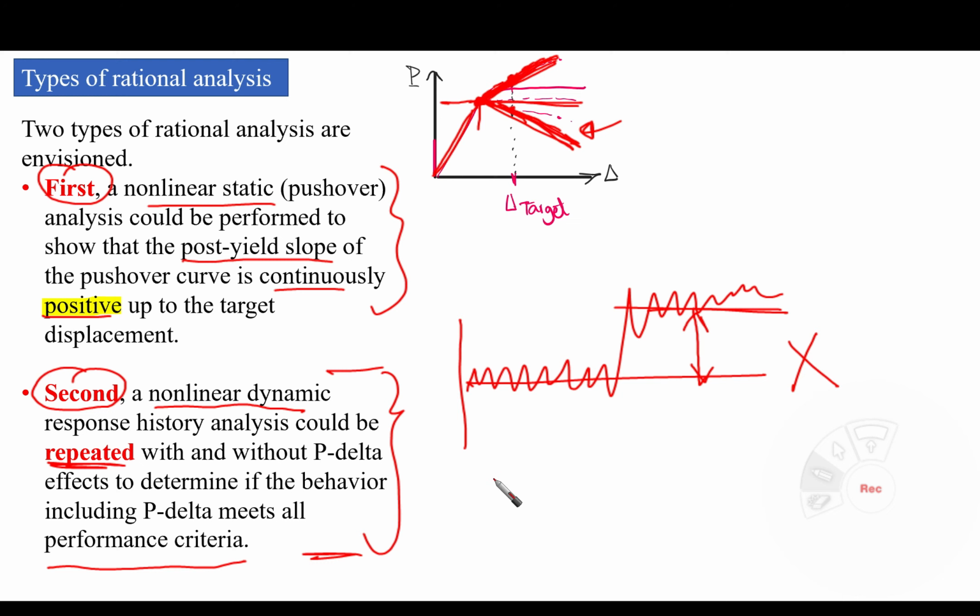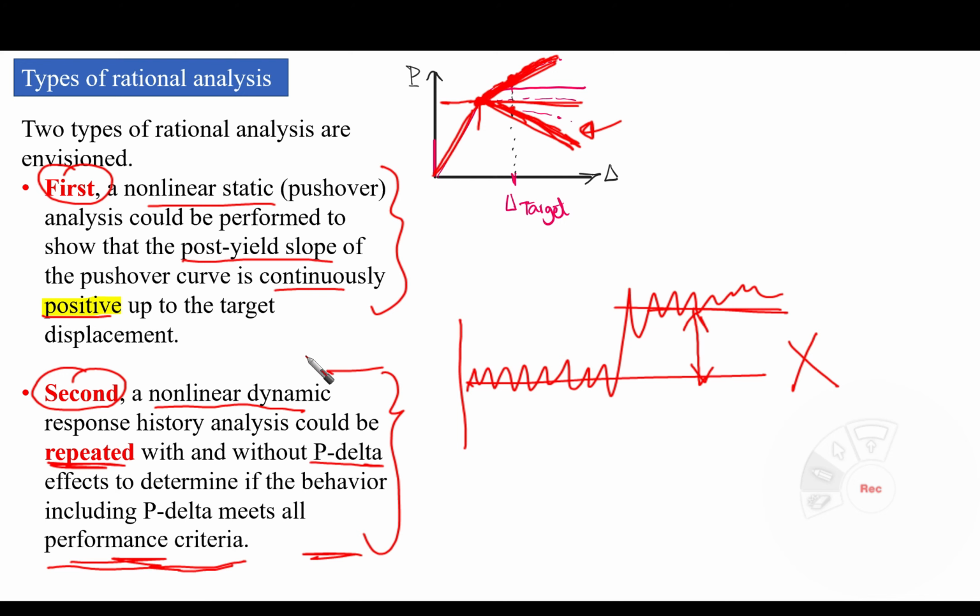If we check the members and find that the structure with P-delta has more straining actions compared to the case without P-delta, then we need to check the criteria. We need to check the displacement, and we need to check the forces.